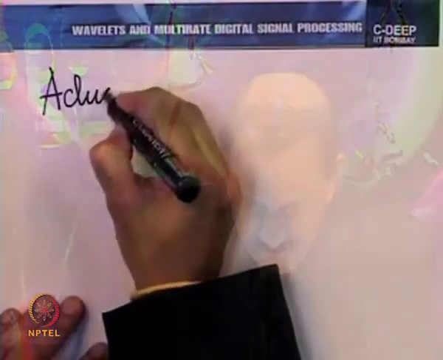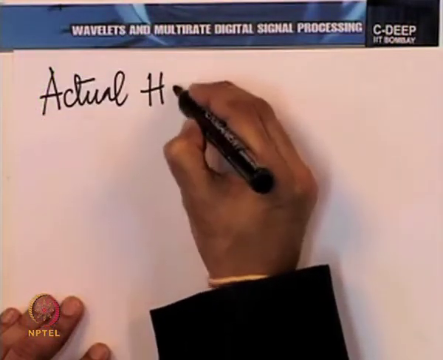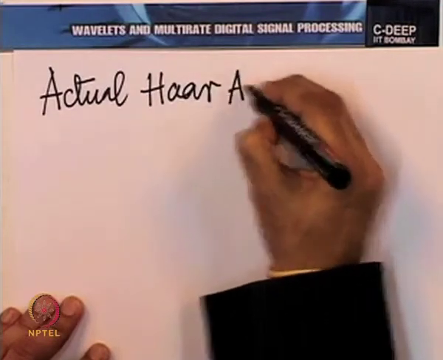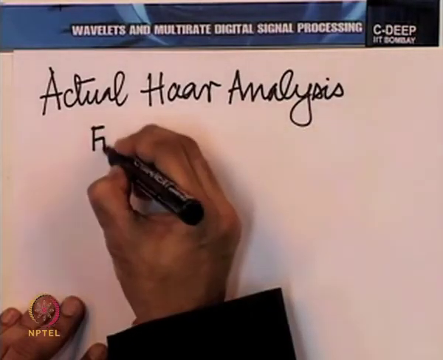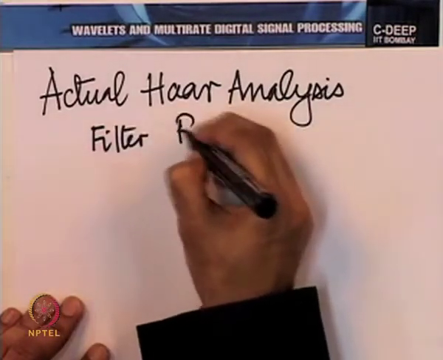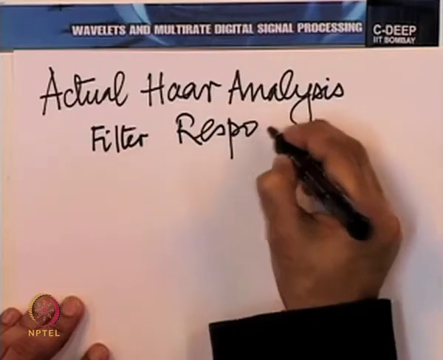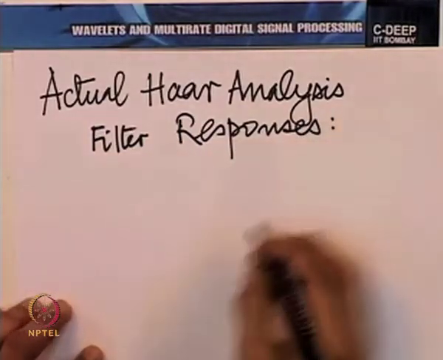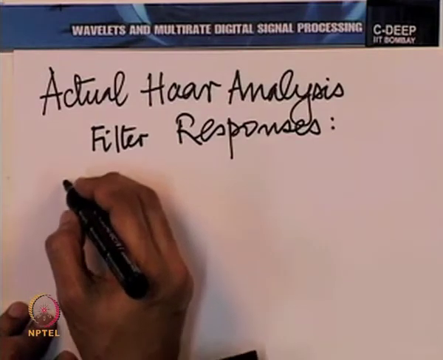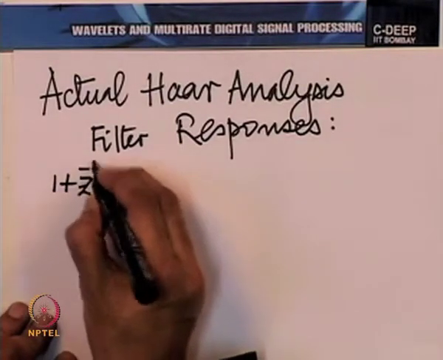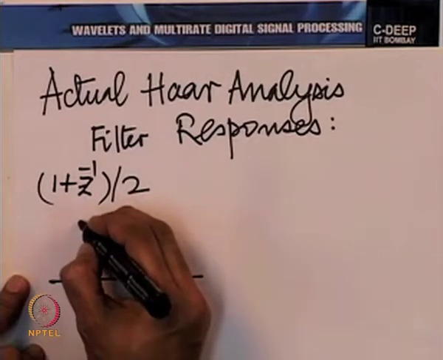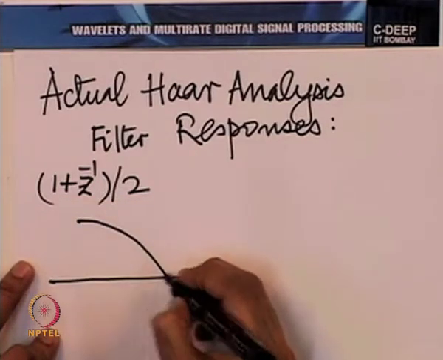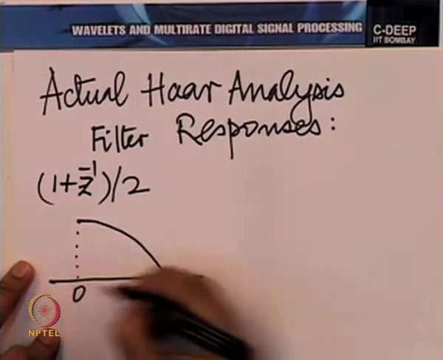So, the actual Haar analysis filter responses: the 1 plus Z inverse by 2 filter had a response that looks like this, essentially mod cos omega by 2 between 0 and pi.